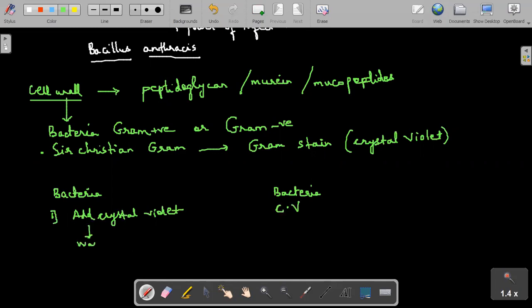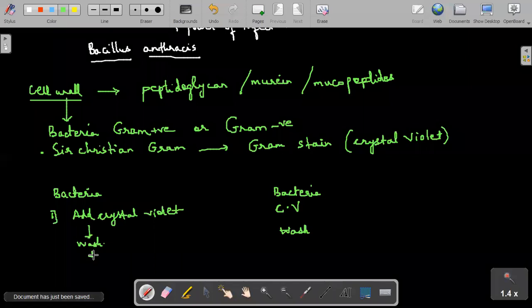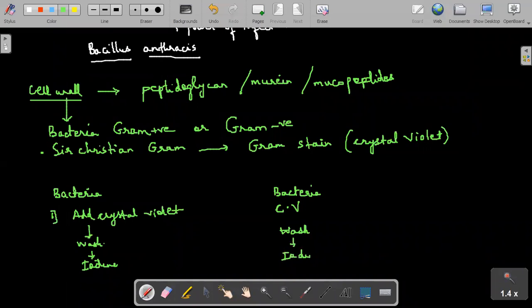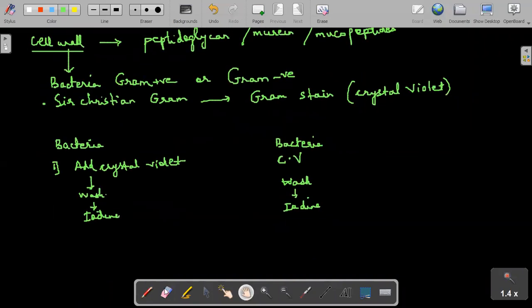Then I wash it. Then I add iodine. Next, I add safranin.